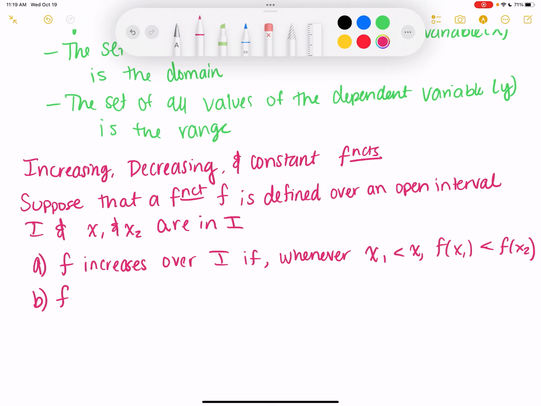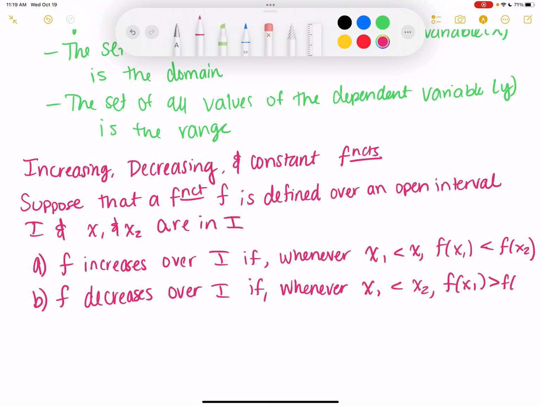Second one, f decreases over I if whenever x1 is less than x2, f of x1 is greater than f of x2.